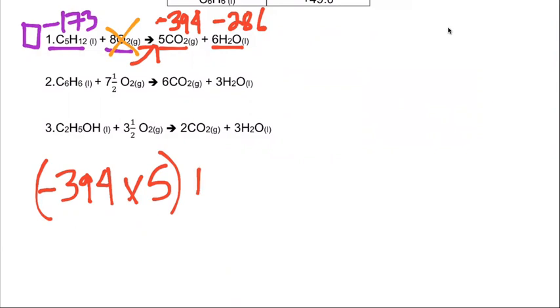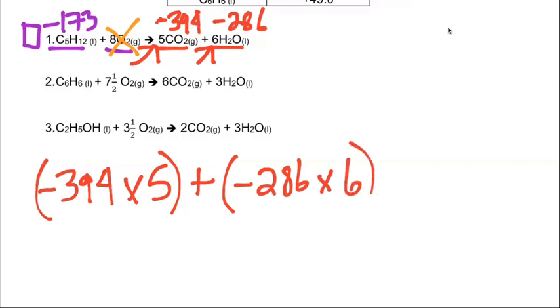Then I'm going to add that to my other product, which is the water, which is negative 286. But it also is going to be multiplied because it also has a coefficient. It's going to be multiplied by 6. And so I'm going to put brackets around this whole thing because that's the sum of my products.